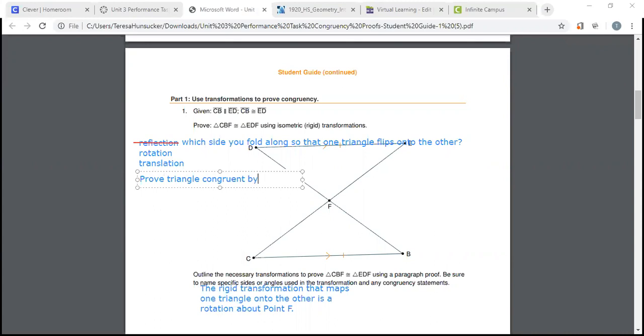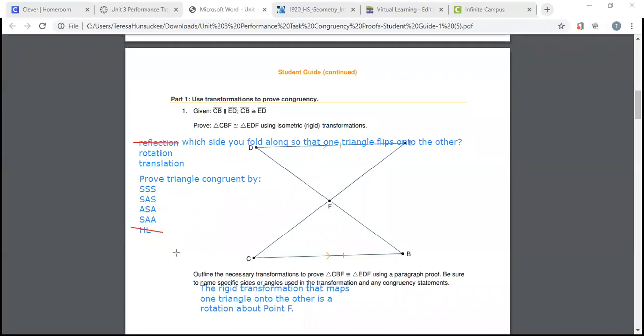We prove triangles congruent by the following ways, if you recall: side-side-side, side-angle-side, angle-side-angle, side-angle-angle, and hypotenuse-leg. Now, when I say hypotenuse, you should say right triangle.